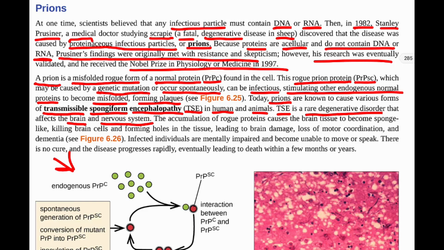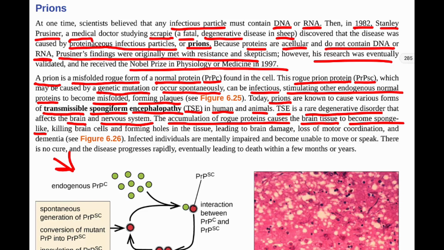It's misfolded proteins that are infectious, causing other proteins within brain cells and other nervous system cells to become misfolded. This accumulation of these rogue proteins causes the brain tissue to become sponge-like. That's why it's spongiform encephalopathy.